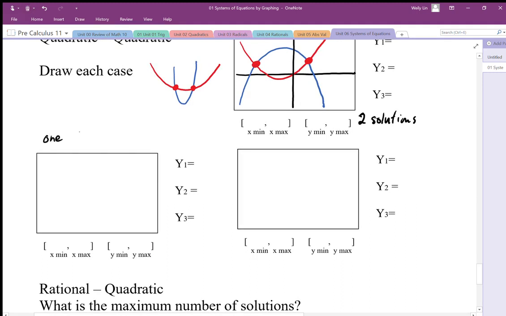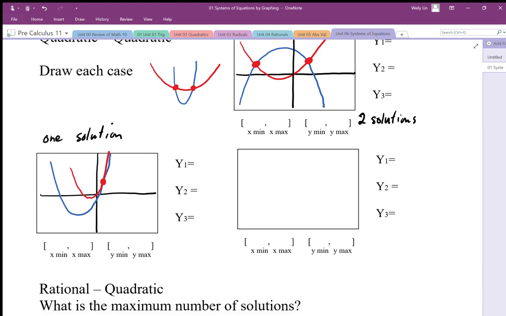So what about one solution? Can we draw a quadratic case with one solution? One way is the case we just saw, where we have a parabola and a different shaped parabola, and it is tangent in one spot. We could also have a one solution situation where the vertices match, where the vertex just touches, like that.